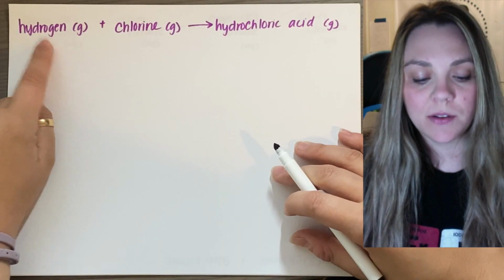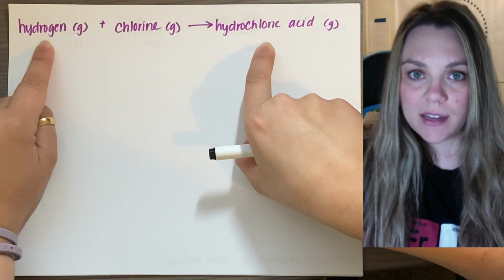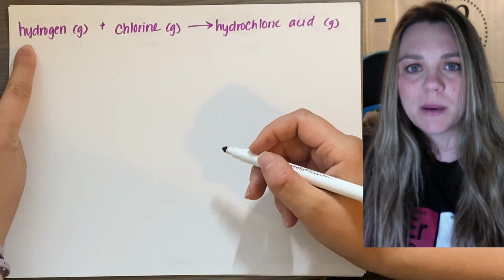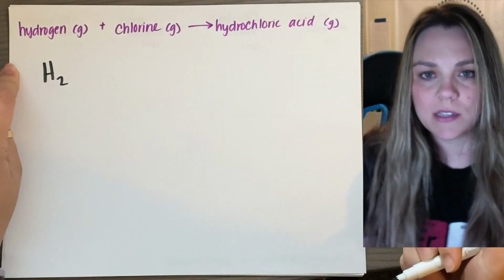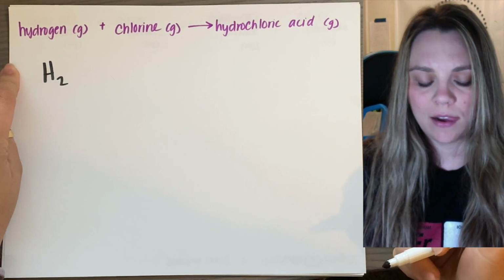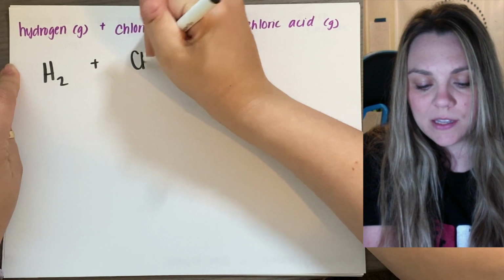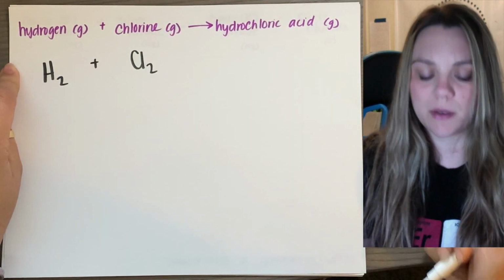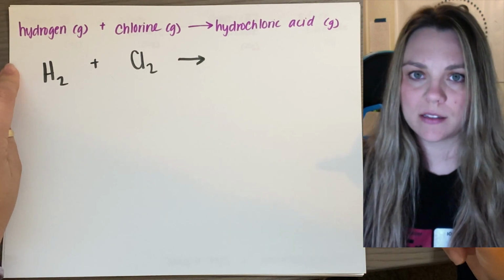If you have something like this, you have hydrogen gas plus chlorine gas makes hydrochloric acid, okay? So hydrogen gas by itself is not just H, it's H2 because hydrogen is diatomic, okay? And then plus chlorine gas, chlorine by itself is Cl2, it's diatomic. This reacts to make hydrochloric acid.